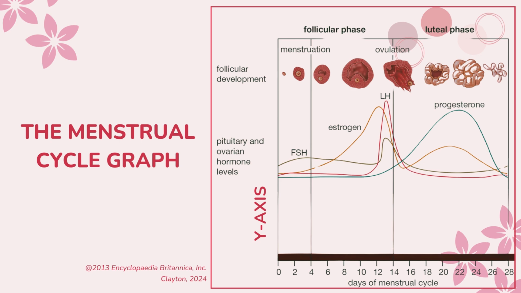We've got five key players: FSH, follicle stimulating hormone, rocking the green line like it's the VIP; estrogen, the diva of the group, glowing in yellow orange, always stealing the show; LH, luteinizing hormone, making a bold statement in red; progesterone, cool and steady in blue, keeping everything grounded; and finally, the invisible inhibin, not shown here.